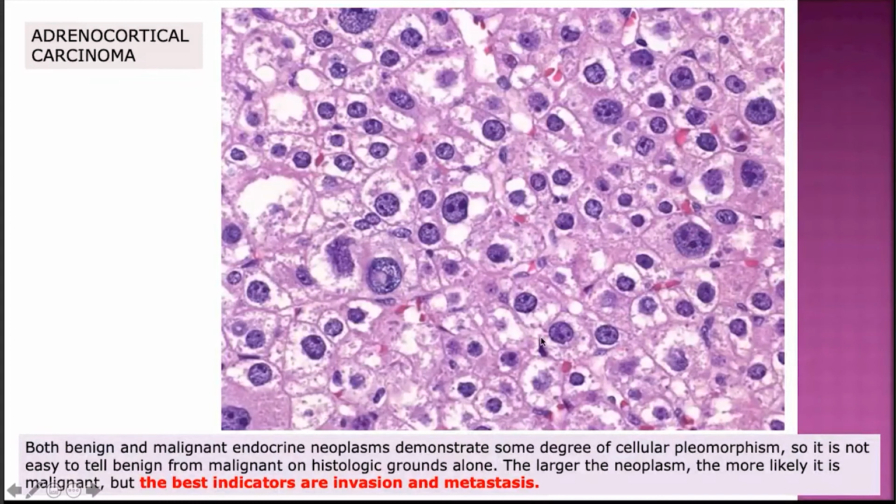Pleomorphic meaning dia ada besar, ada kecil, dia punya nucleus not uniform anymore. Alright, okay. But to say again, in all the endocrine tumor, to say it is carcinoma, we must give evidence of the invasion and the metastasis by right, not by the morphology or histology.